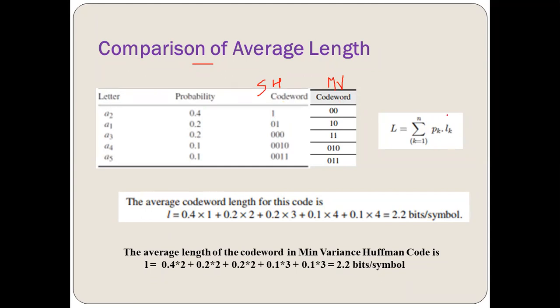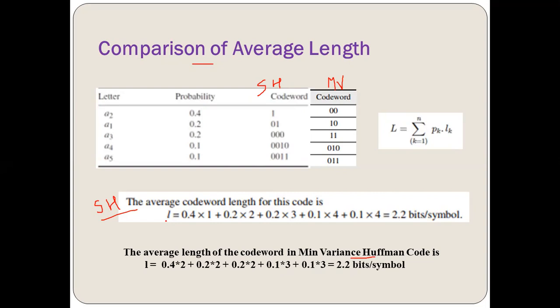Now just see this particular formula for average length calculation, that is capital L is equal to summation k equals 1 to n of pk times lk. pk is the probability of each symbol and lk is the length of the single code word, right? So we have calculated the average length with both standard Huffman code and minimum variance.